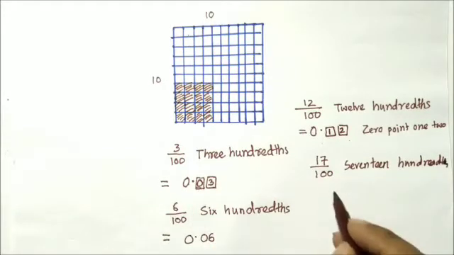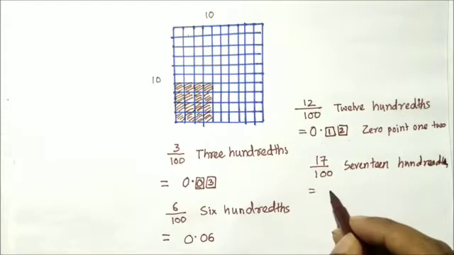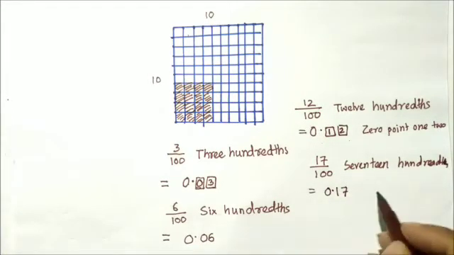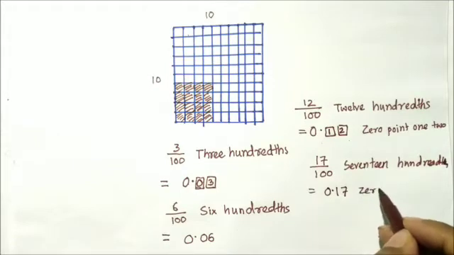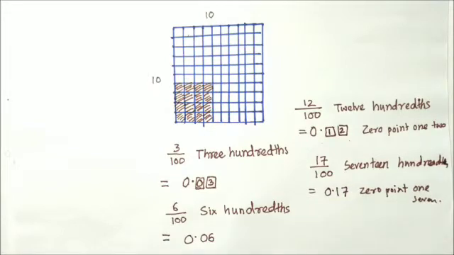And we will use the point to express this in the way 0.17, and we will read it as 0.17, correct? And this can be read as 0.03, 0.06, correct? I hope till here it is clear.